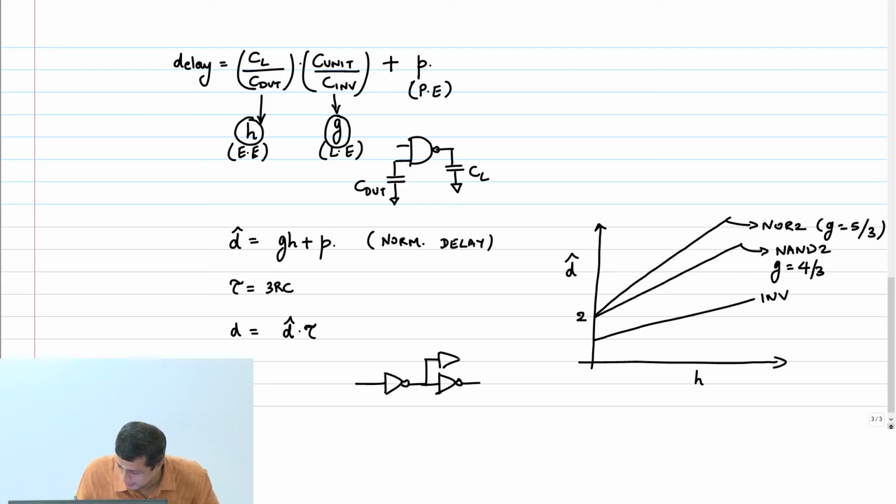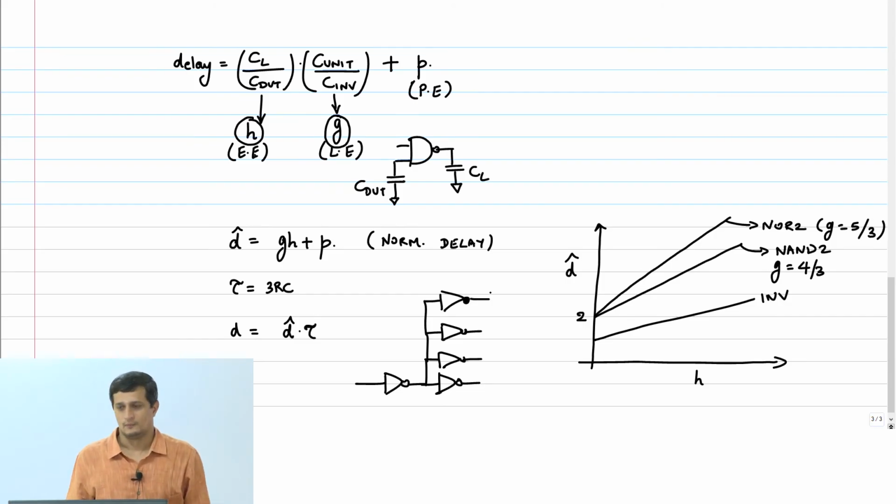That's what we mean by fan out of 4. So what is the net load capacitance on this? No, only load capacitance, not parasitic capacitance.